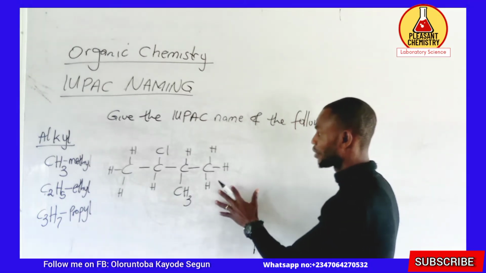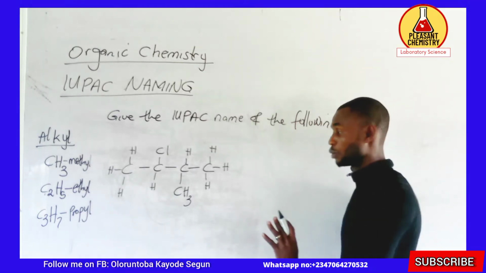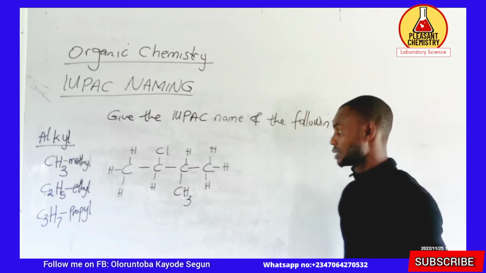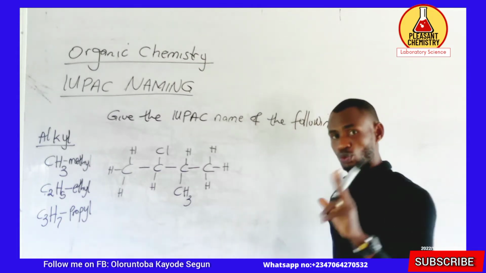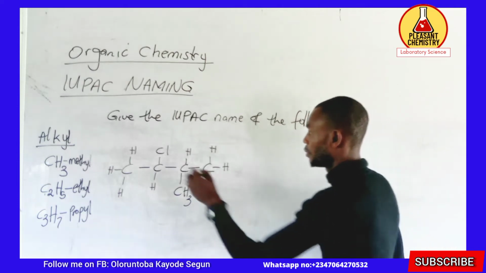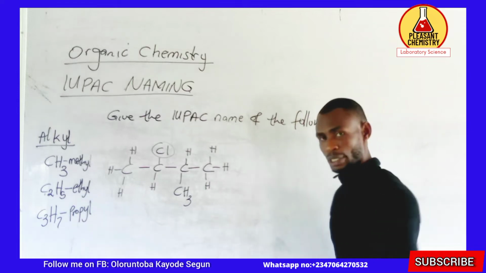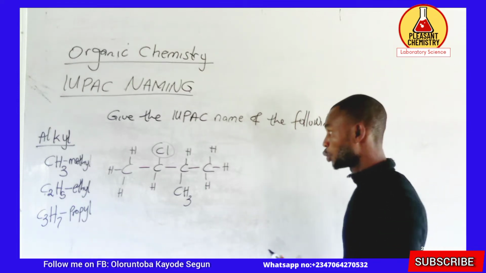Now this is another compound, and this one is a little different from the one we've been doing. Now we are having 2 different attachments here. We have this one. We call it halo group or chloro group.